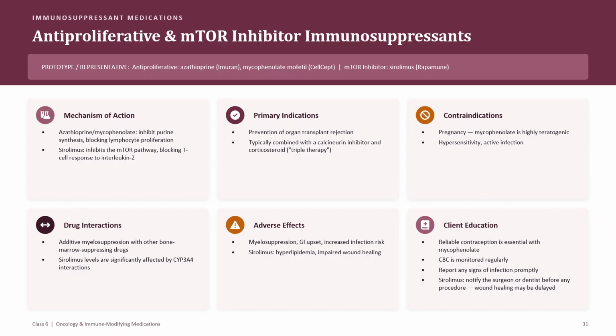That's a very concrete, practical piece of information that you make sure to include in the education when you're teaching your patients on this medication. It's not just an arbitrary lab value that needs to be tracked. Patients on this medication will have impaired wound healing, so for any surgical or dental procedure, that surgeon or dentist needs to know about it ahead of time.